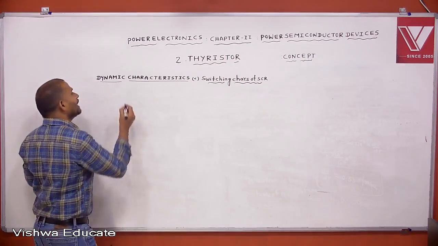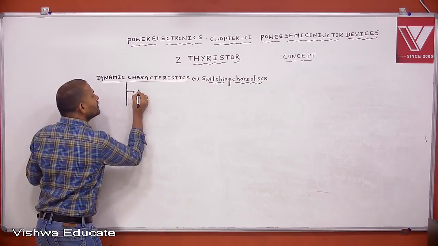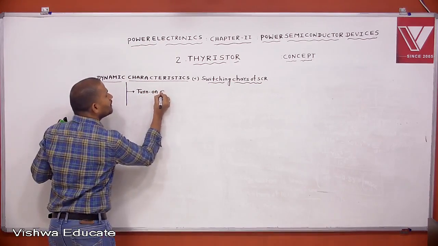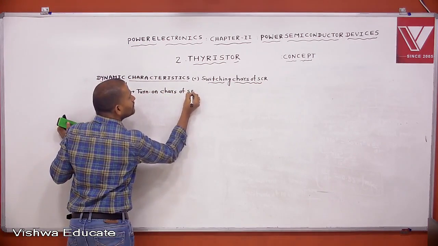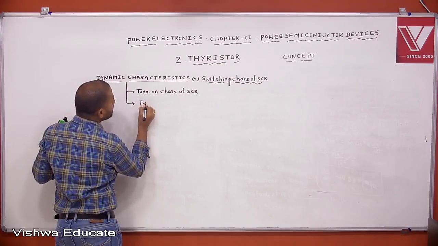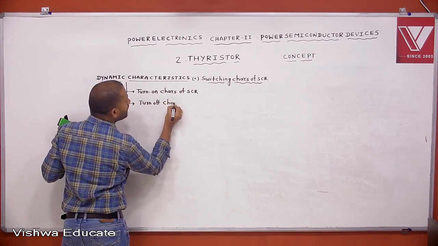In dynamic characteristics, again we have two types of characteristics that I want to discuss. One is turn on characteristics of SCR. Another one is turn off characteristics of SCR.